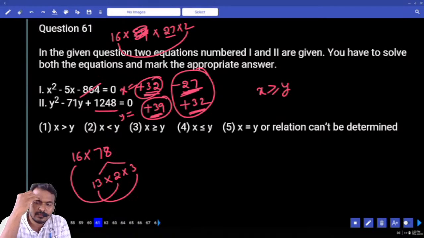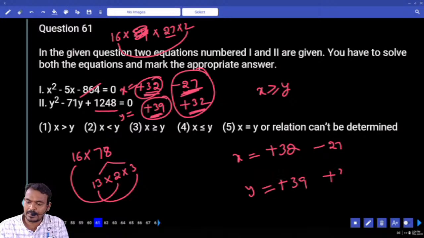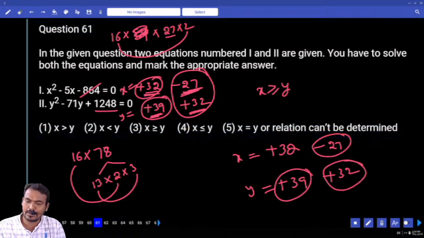What are the x roots? Plus 32, minus 27. What are the y roots? Plus 39, plus 32. 39 compared to minus 27, greater. Plus 39 compared to 32, greater. 32 compared to minus 27.